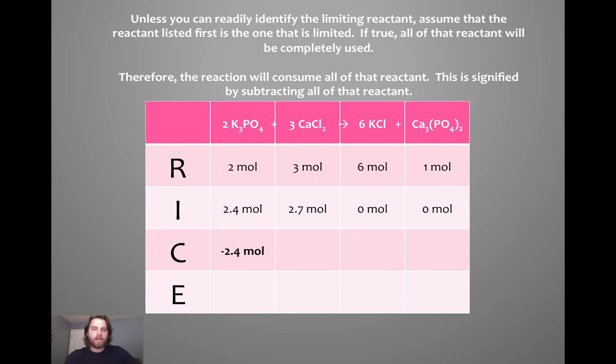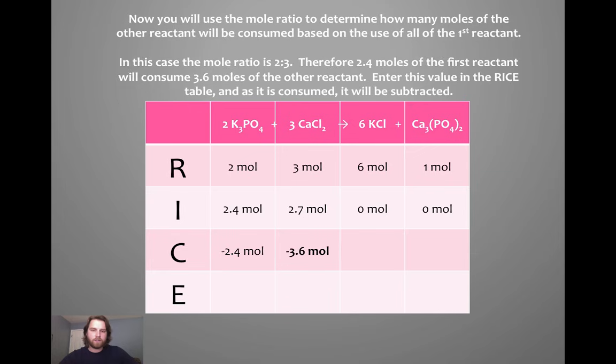We write on the change part minus 2.4 moles, because if it's the limiting reactant, we're using all of it. What we're concerned with is, if I use all of that, how much calcium chloride did I use, how much potassium chloride did I make, and how much calcium phosphate did I make? Let's carry out the changes.